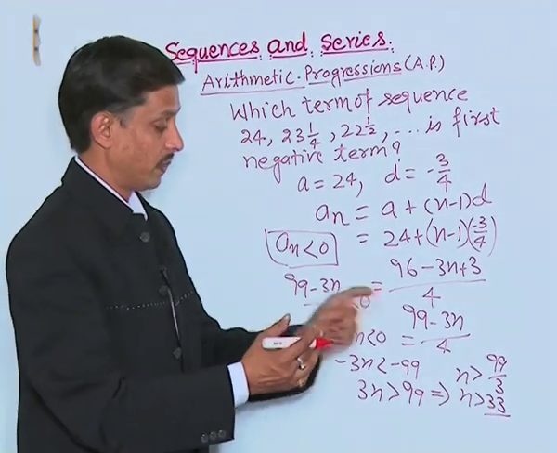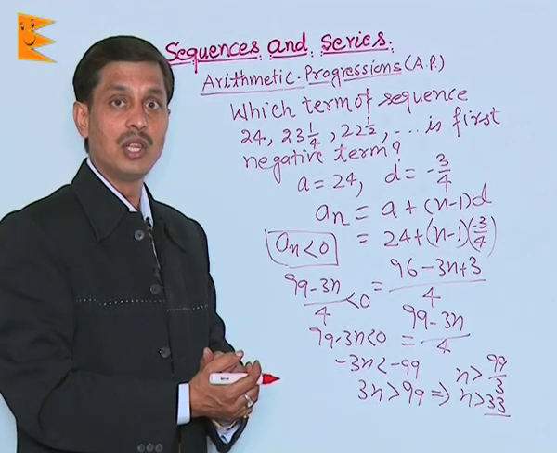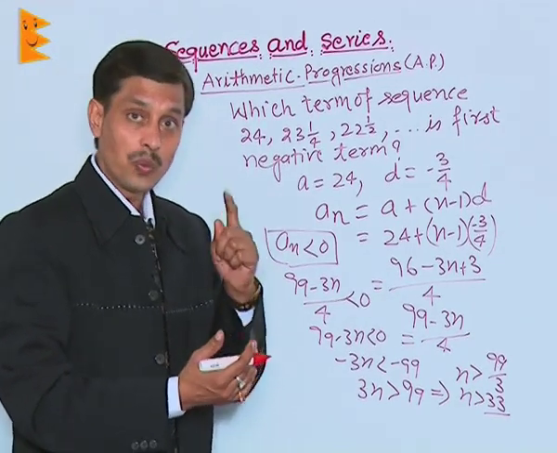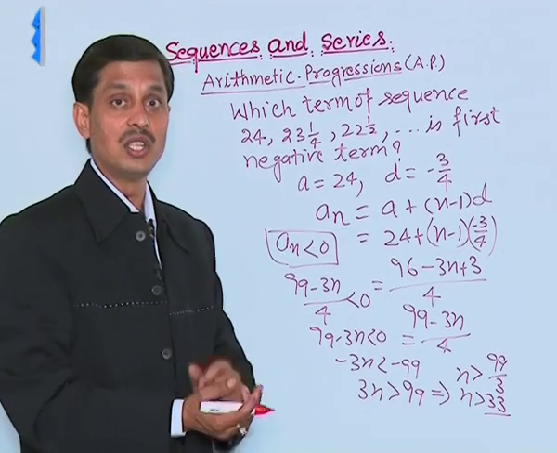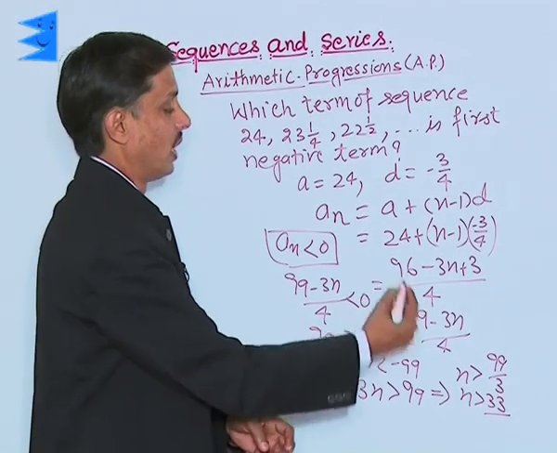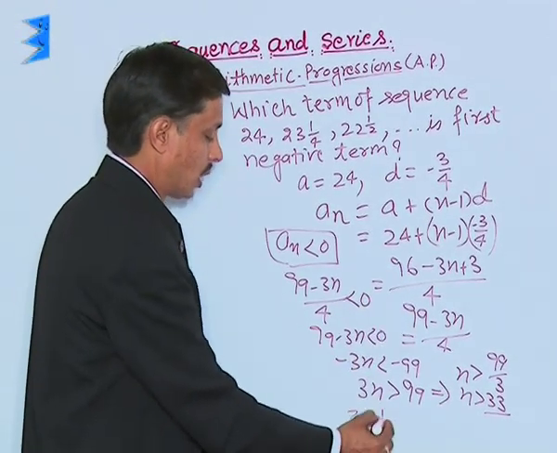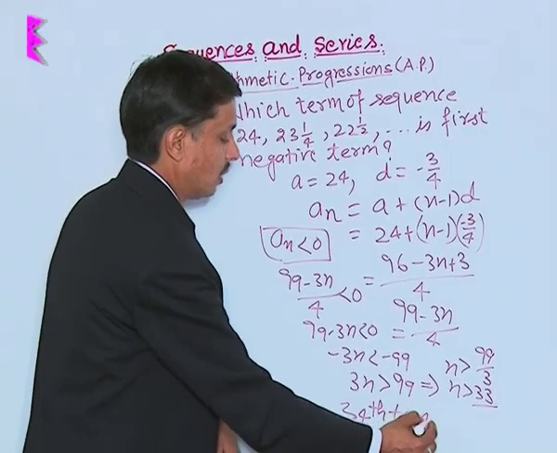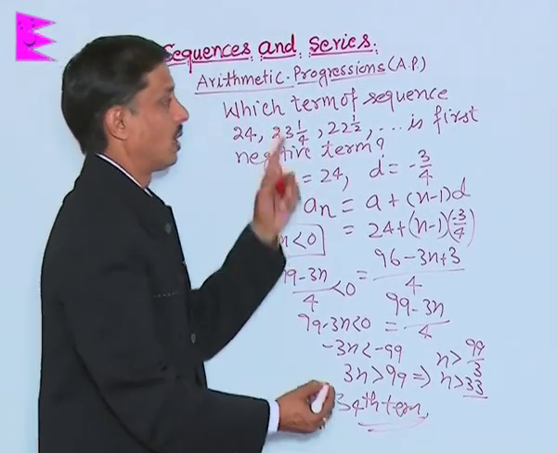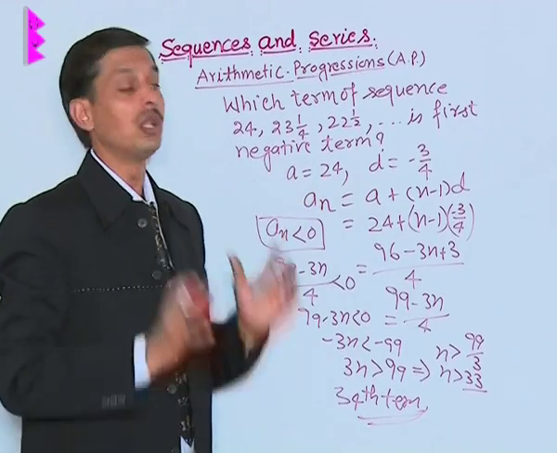It means the first value greater than 33 is 34. So we will say the 34th term will be the first negative term, and after it all the next terms will be negative.